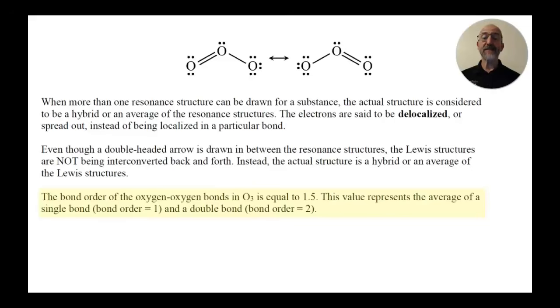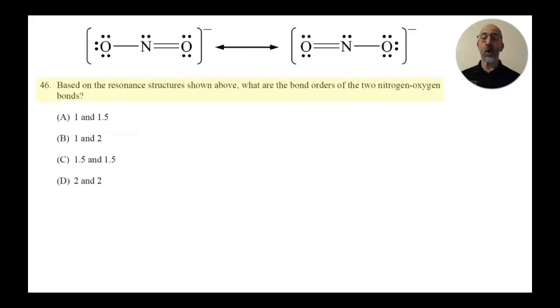That's exactly the situation that we're looking at in question 46 with this NO2- ion. So the correct answer to question 46, what are the bond orders of the two nitrogen-oxygen bonds? They are the same. They are 1.5 and 1.5. Again, the average of a single bond and a double bond for these two resonance structures.